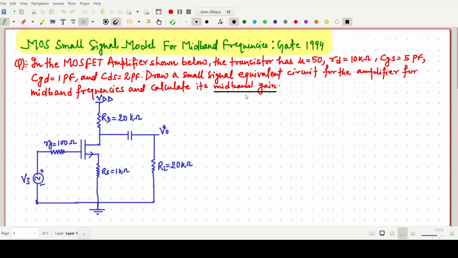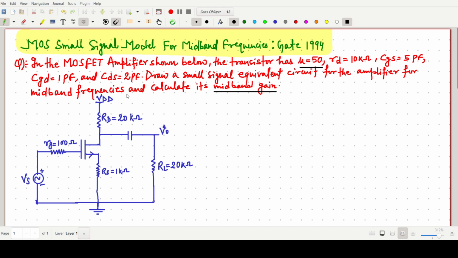For this calculation, the given things are mu, which is our intrinsic gain that I will discuss later, and the RD value, the finite resistance, and the gate to source capacitance, gate to drain capacitance, and drain to source capacitance. And in this question, they are asking specifically for the mid-band frequency.